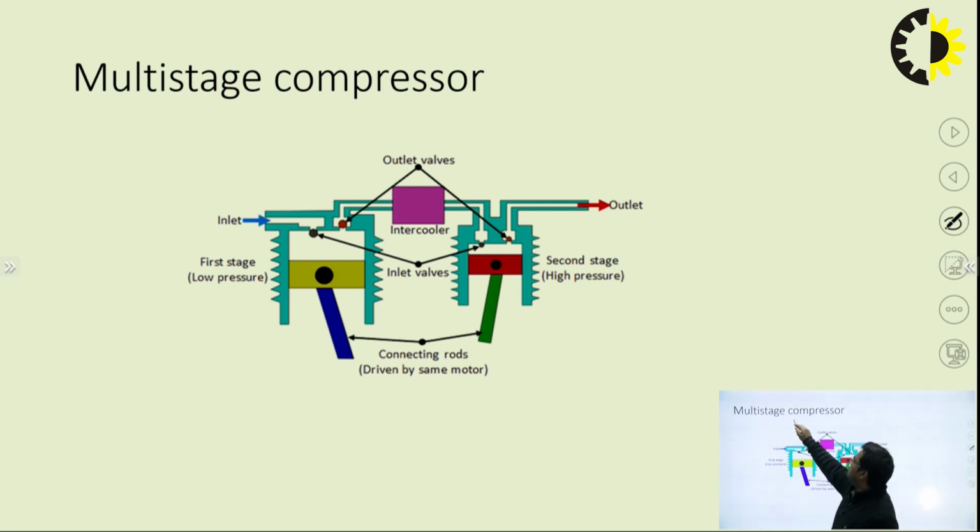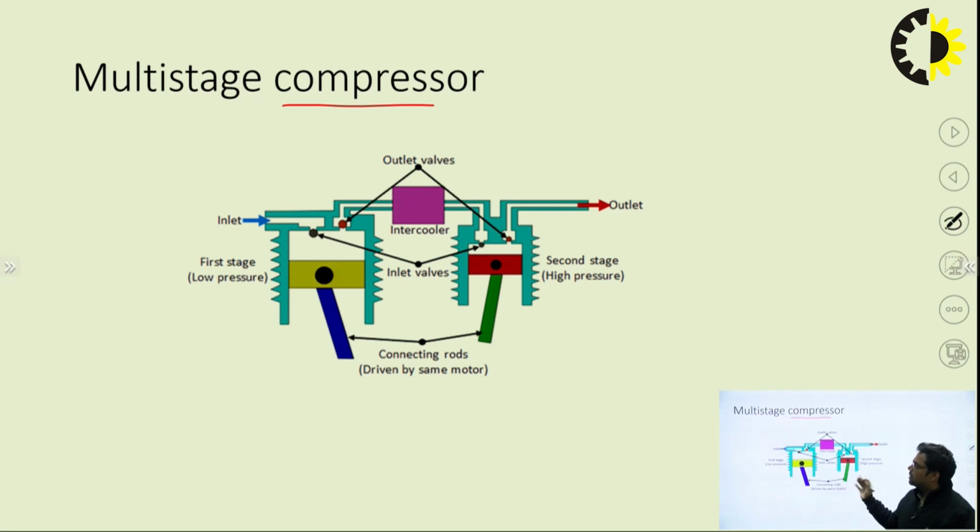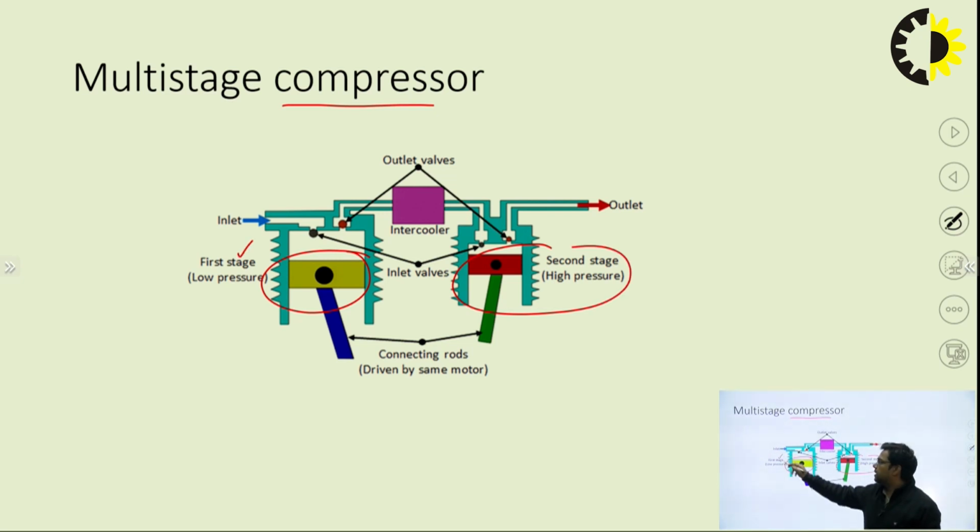Now, the multi-stage compressor is used for very large applications where we need a high amount of pressure. These are the same, there are two valves, one for this stage and one for the second stage, with high pressure and low pressure sides, and piston arrangements are used, other things are the same. The only limitation of the multi-stage compressor is that the heat generated is very high.